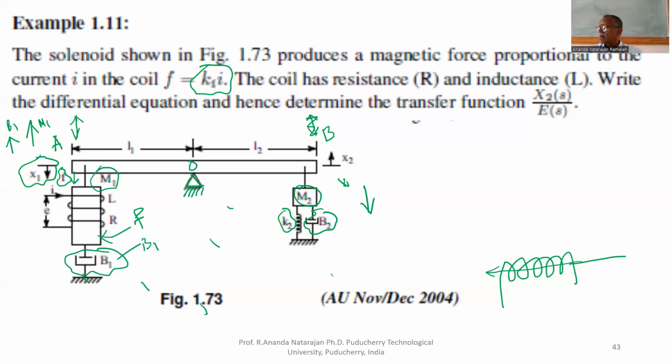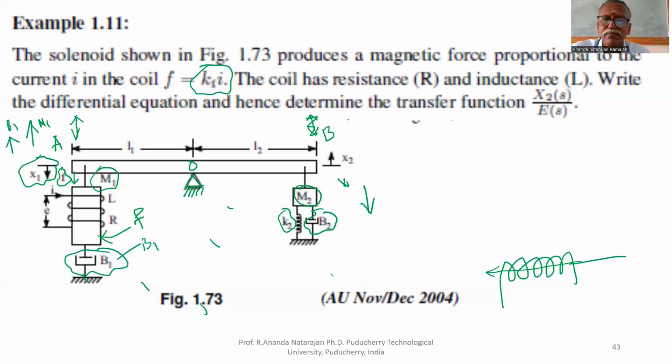Am I correct or not? The reaction forces of M1, B1, M2, K2, B2, all five reaction forces try to rotate the beam in the clockwise direction. But the force F tries to rotate the beam in the anti-clockwise direction. Am I correct or not?